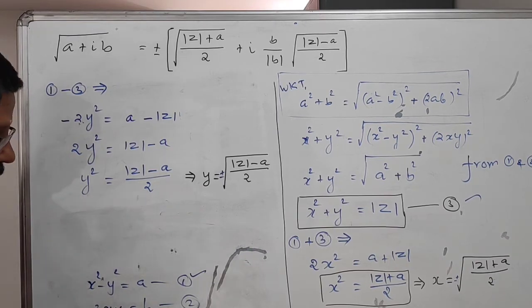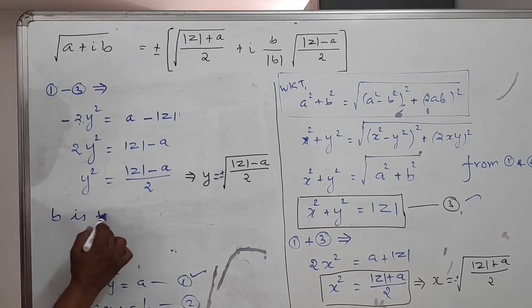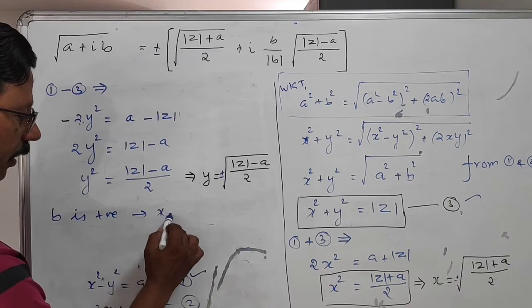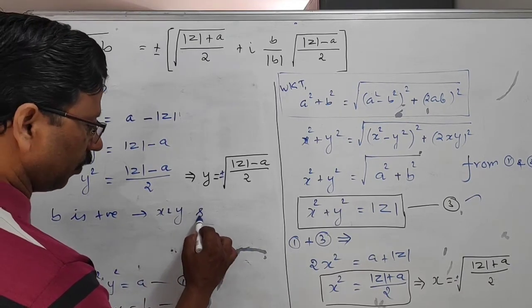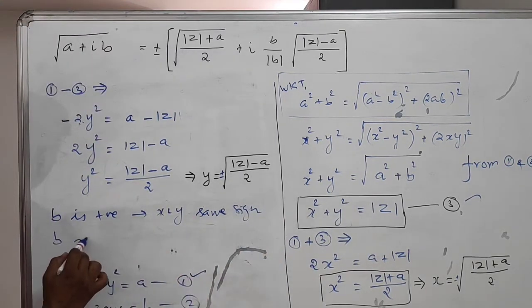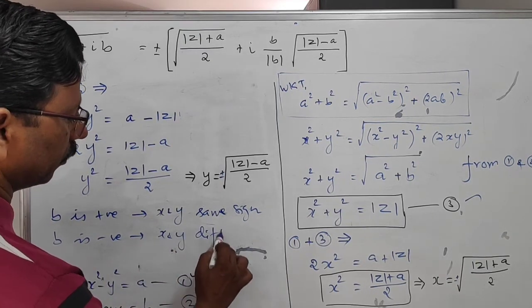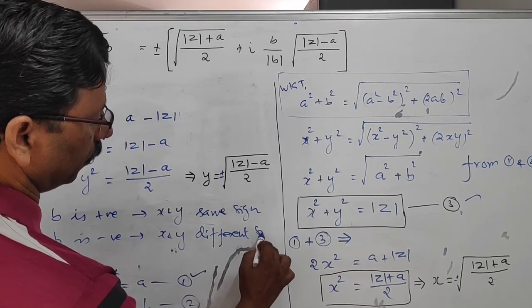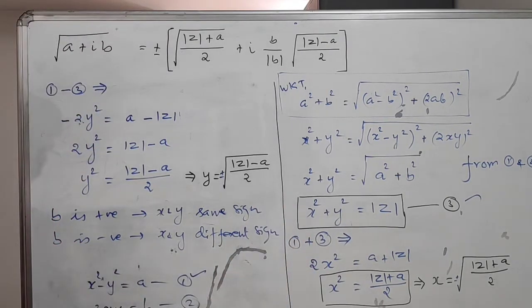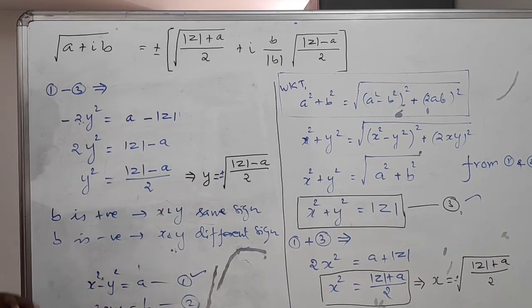Since b is positive only when both x and y have the same sign, and b is negative if x and y have different signs. Because the product of minus into minus gives plus, or plus into plus, they have the same sign. Suppose any one of these two is negative, that is they have different signs, then b will be negative.